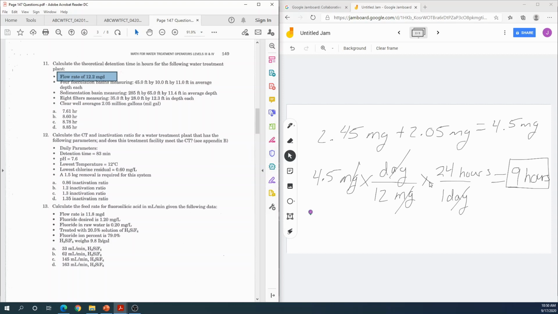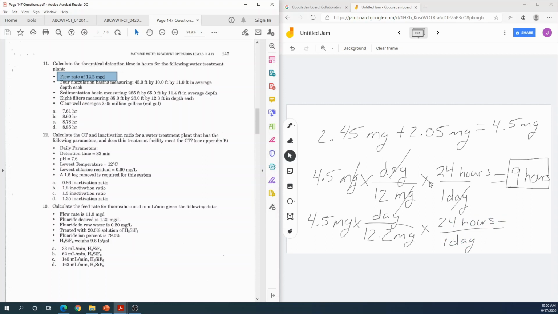So we know we had 4.5 million gallons, but our flow rate was actually 12.2 million gallons per day. And we had 24 hours per day.